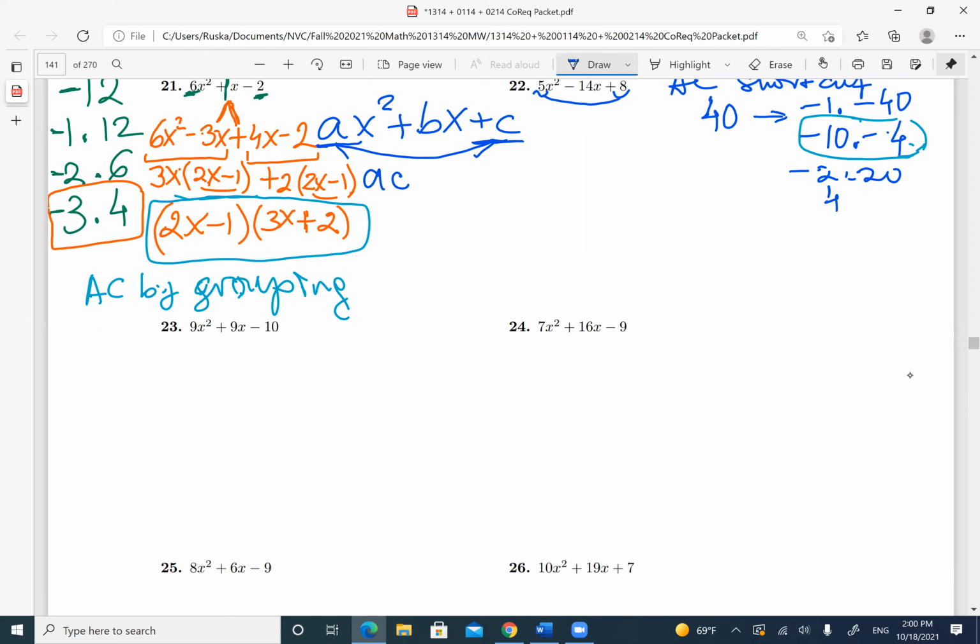I mean, there are not too many numbers, but you kind of go over it to list them. And then I have negative 2 times negative 20, negative 4 times negative 10, negative 5 times negative 8, right? And actually that's it.